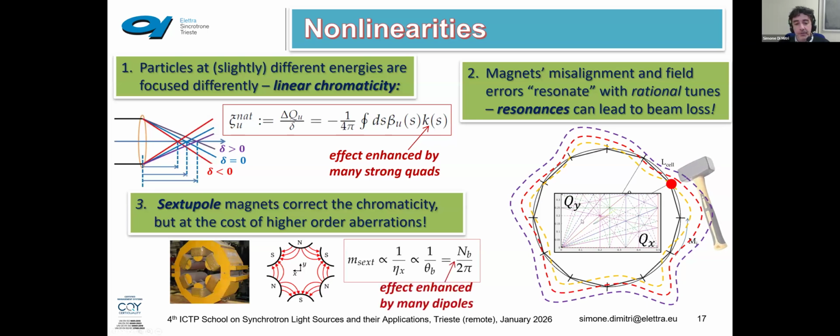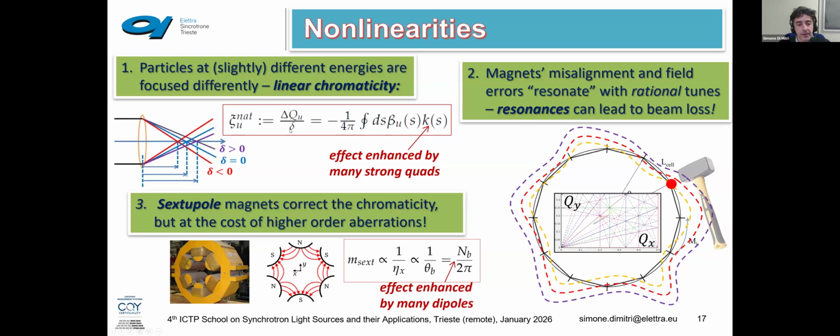Once we do this, however, the linear chromaticity naturally shifts the design working point by virtue of the fact that the particles intrinsically have spreading longitudinal momentum. We have seen that it's coming directly from the fact that we have to accelerate them, and all particles are arriving at the cavity at slightly different times.